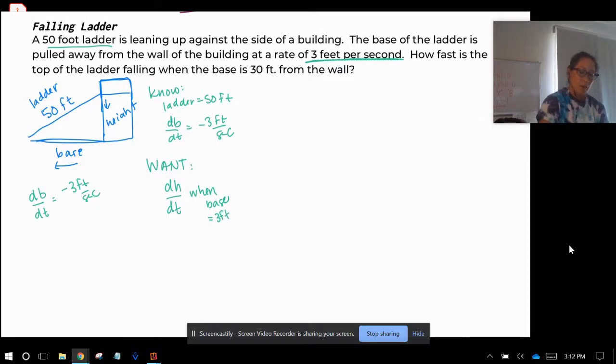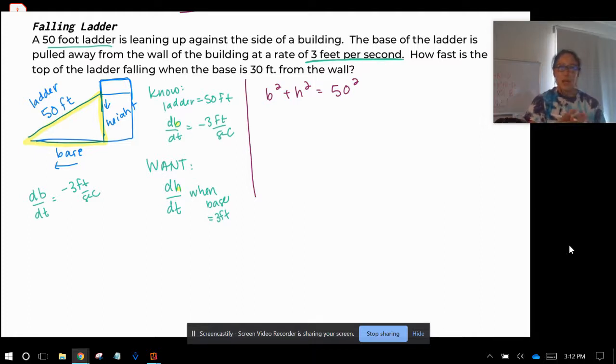Okay, so looking at my rates, I have B and H, and I have this here triangle. Is there an equation for a triangle that would incorporate the base and the height? Yes, it is Pythagorean theorem. So I have the base squared plus the height squared is equal to 50 squared. The only reason I get to plug in that 50 is because the length of the ladder does not change at all.